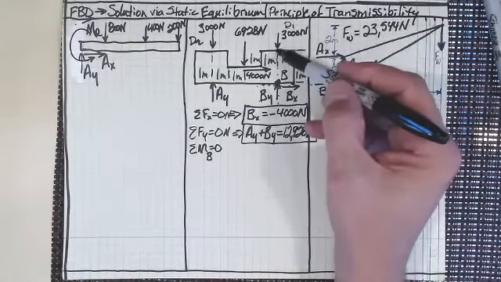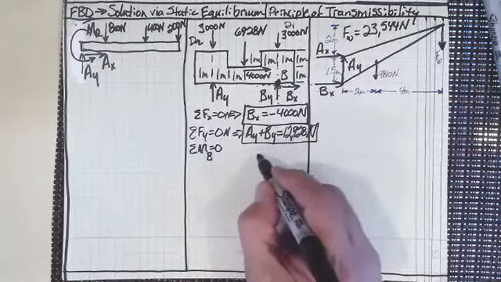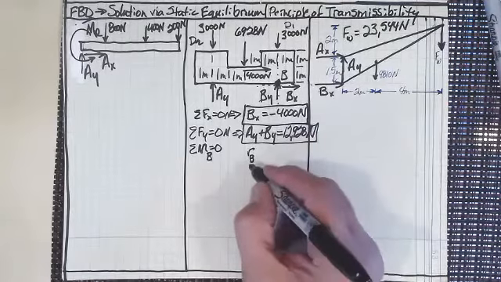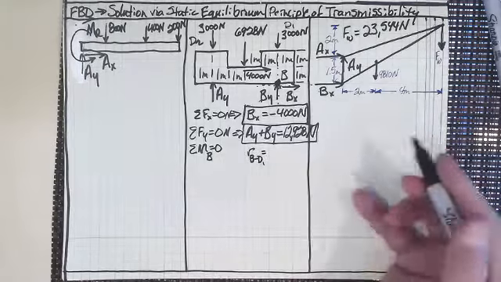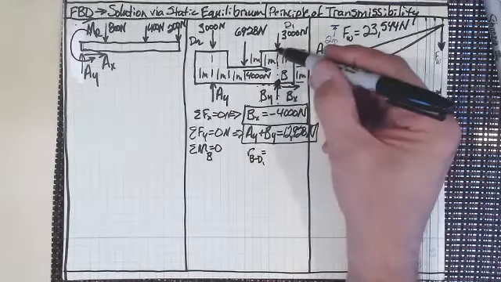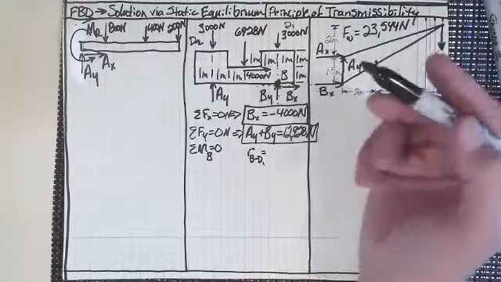Because what is the actual R? Let's just look at the R from B to D1, right? Isn't that just going to be 2 meters in the J direction, in the Y direction?